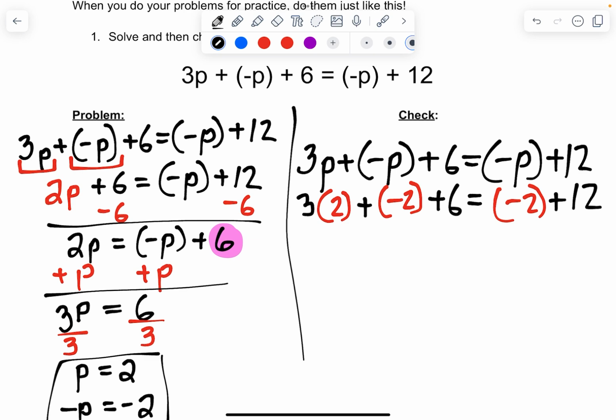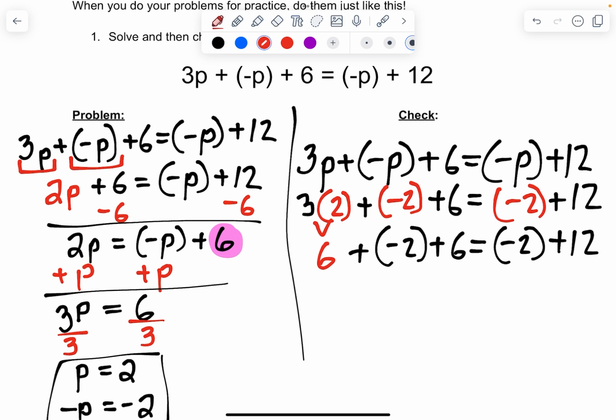Okay, now we're doing order of operations. So I have a multiplication here from left to right. And if we want to, we can add on the other side. I'm going to leave it for right now because I don't want to do too much all at once.